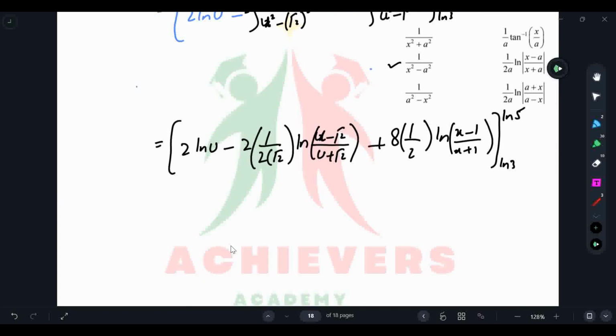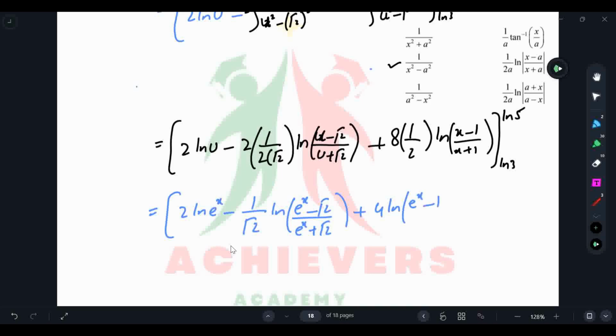So we can write it as 2 natural log of e power x minus 1 by square root of 2 natural log of e power x minus square root of 2 divided by e power x plus square root of 2 plus 4 natural log of e power x minus 1 by e power x plus 1.